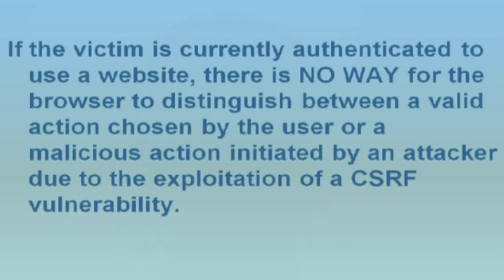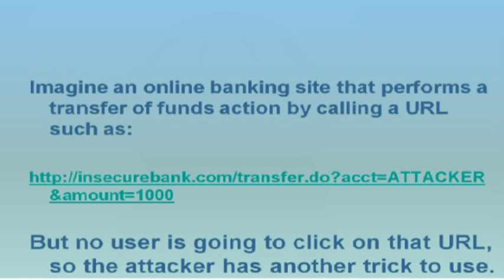If the victim is currently authenticated by the website, there is no way that the browser can tell the difference between a valid action chosen by the user or a malicious action created by an attacker taking advantage of a cross-site request forgery vulnerability. So how does the attacker take advantage of this type of vulnerability?